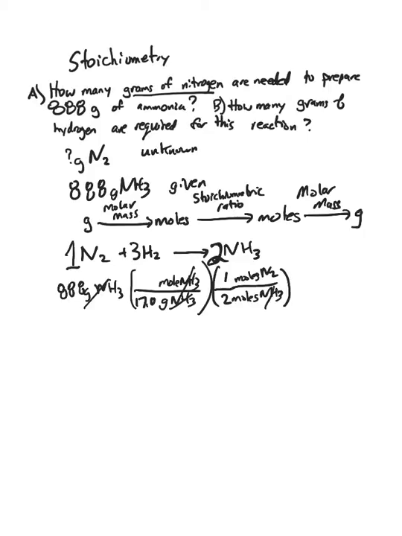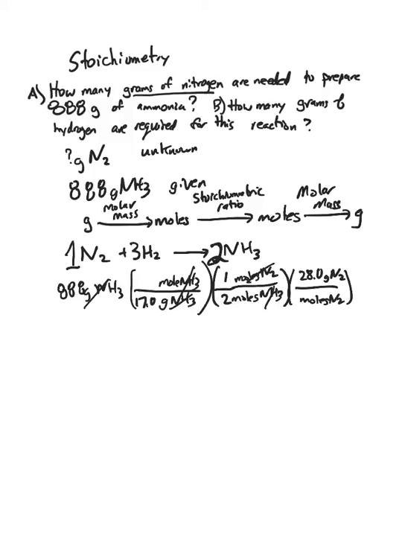Now moles of ammonia cancels. I've got moles N2, which I want to cancel, so that goes in the denominator. And I need the molar mass of N2, which is 28 grams of N2. And so I'm very careful with my units. I'm putting in my units of grams and moles, and also a descriptor of what goes with those grams and moles.